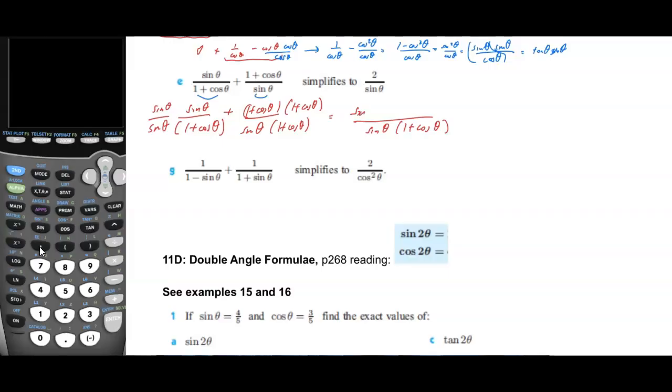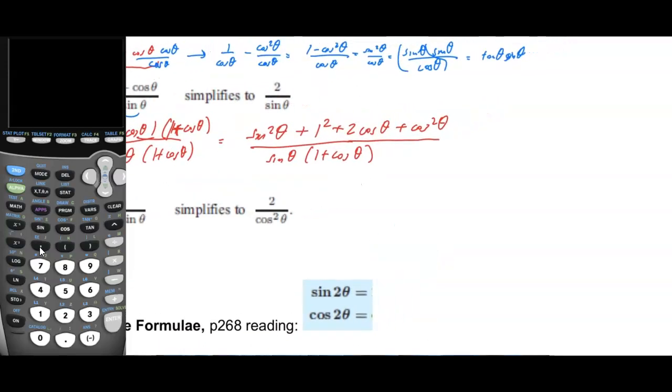The first term becomes sine squared theta. The second term becomes, by the identity, 1 squared plus 2 cosine theta plus cosine squared theta. Oh, and then look, I have sine squared theta and cosine squared theta on top. That simplifies to 1, right? So now I have 1 here, I have 1 here, so that would be 2 plus 2 cosine theta.